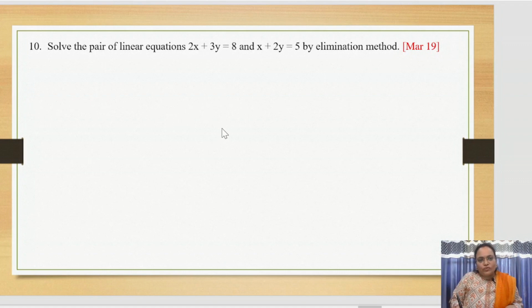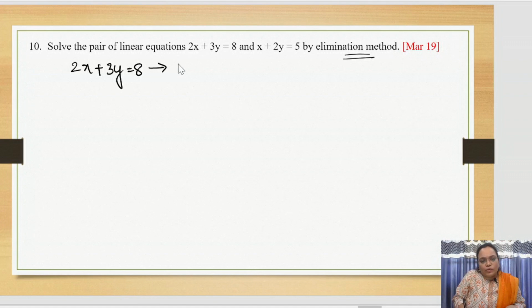So let us see the next question. Solve the pair of linear equations by elimination method. So we need to solve the given pair of linear equations using the elimination method. Let us take the equations as 2x plus 3y is equal to 8 as equation number 1 and x plus 2y is equal to 5 as equation number 2.